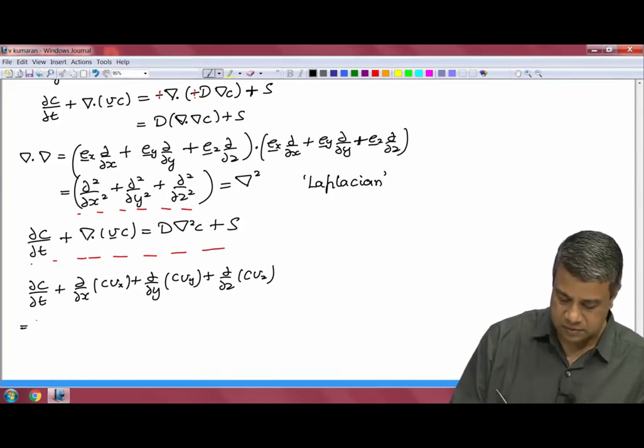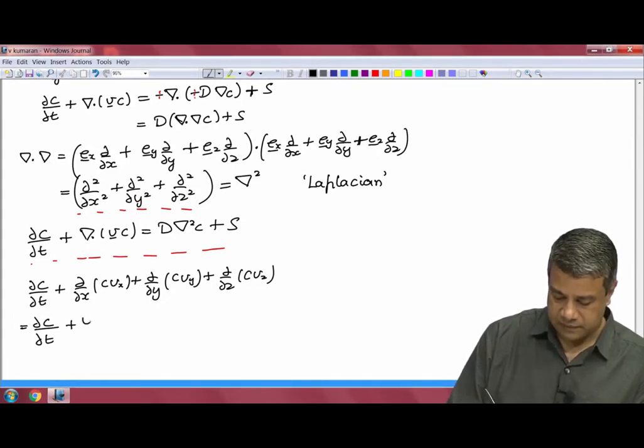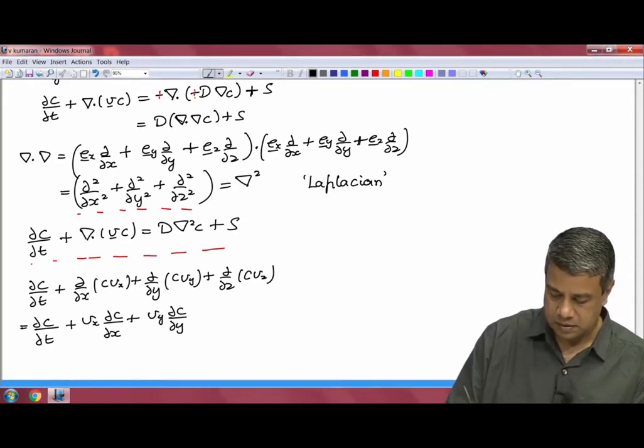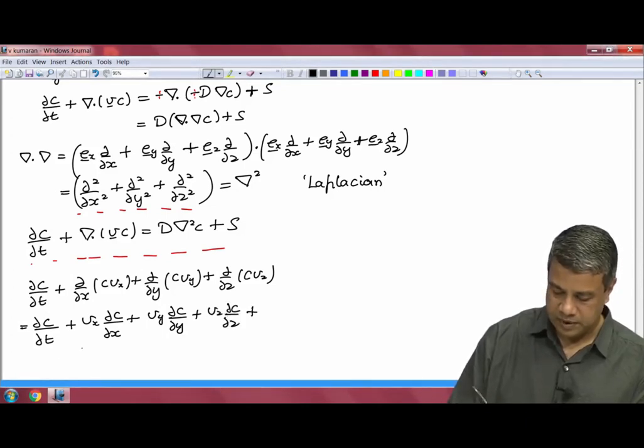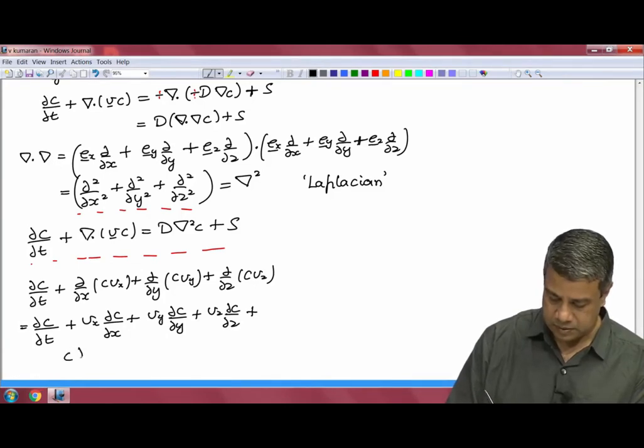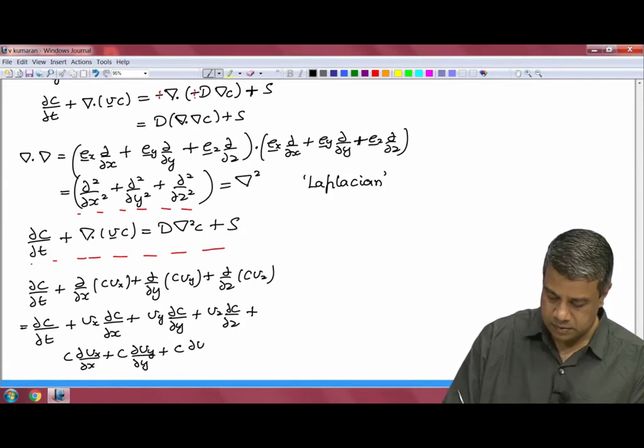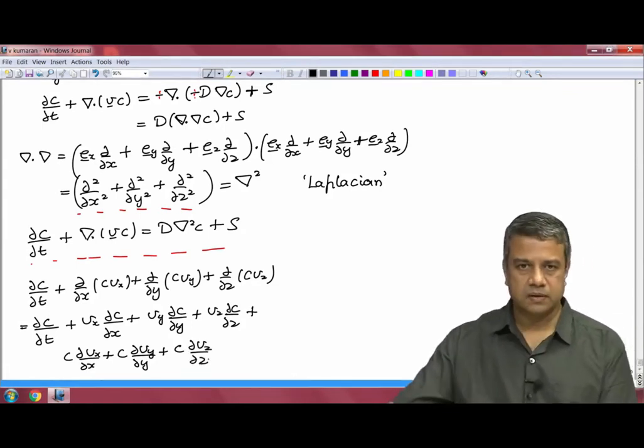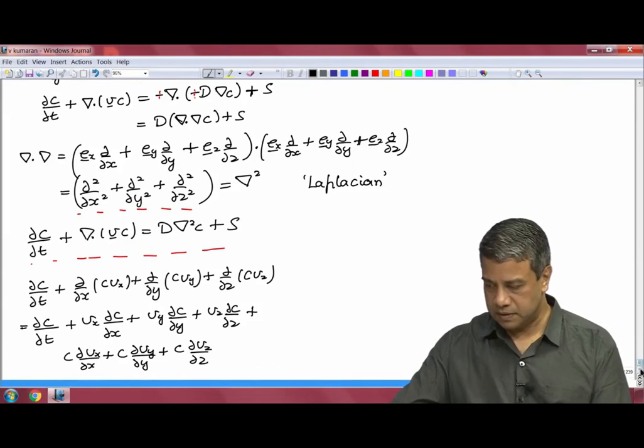So, this is equal to partial C by partial t plus V_x partial C by partial x and so on, using the product rule for differentiation.